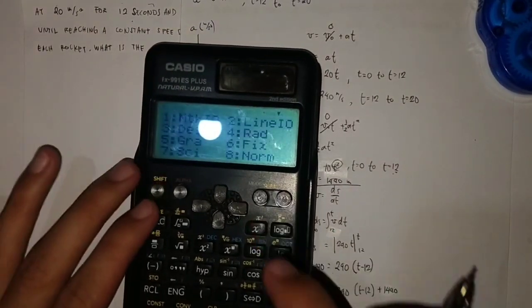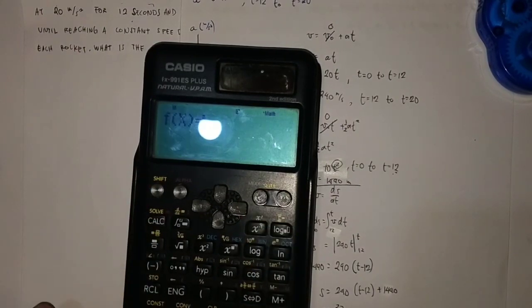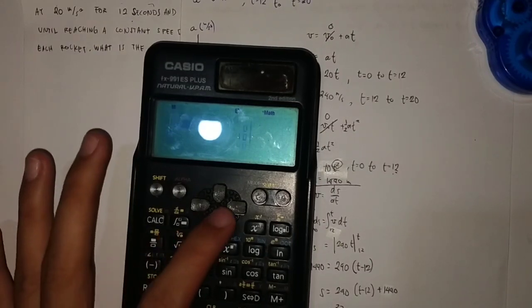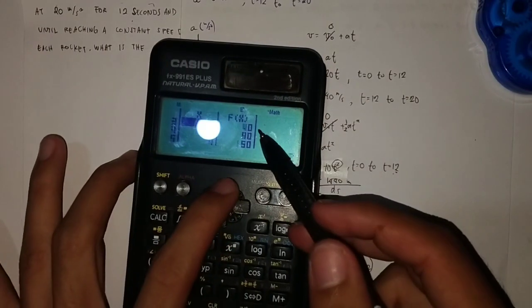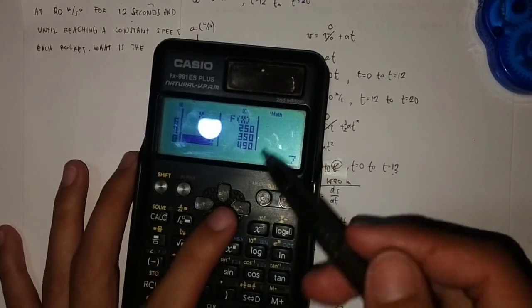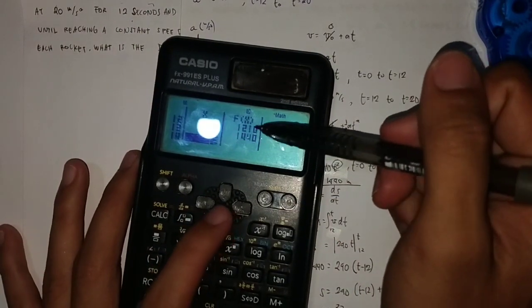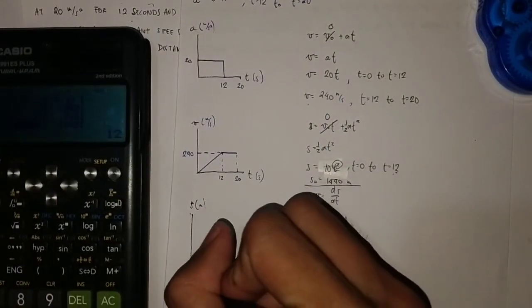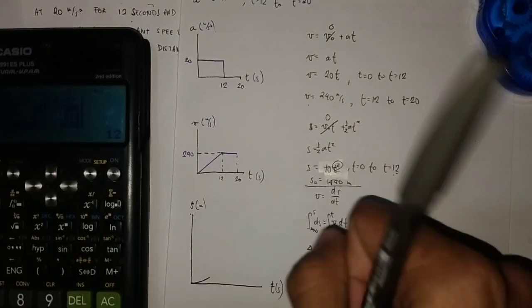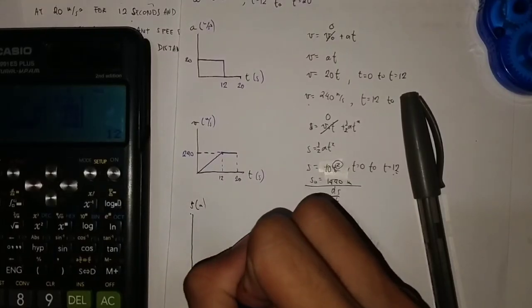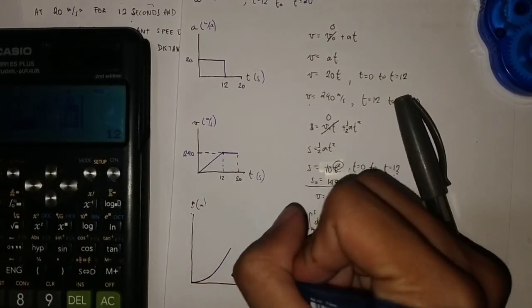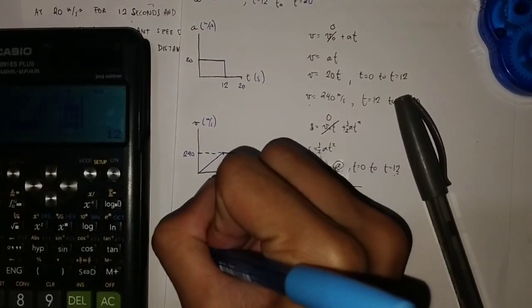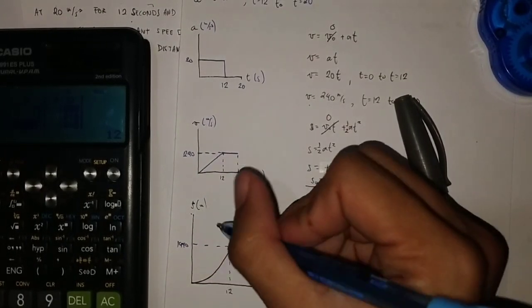Using the table of values, 10x squared from 0 to 12, the rise is quite obvious that this is a parabola. You can see that the graph behaves like this. This is for 12 seconds, reaching 1440.